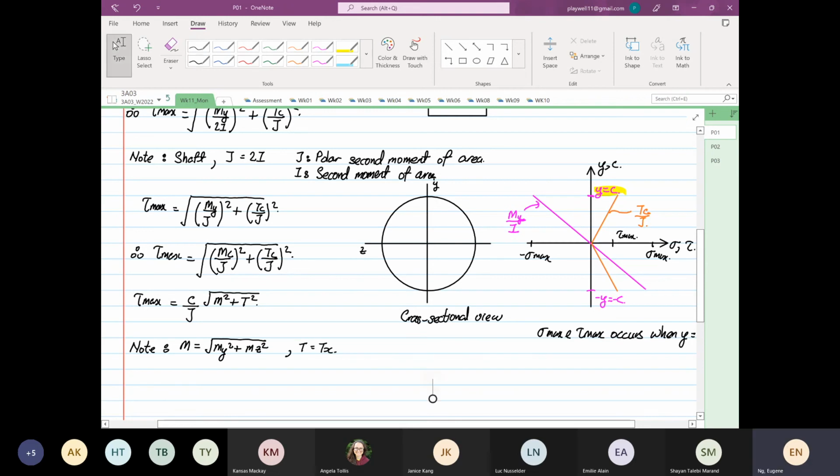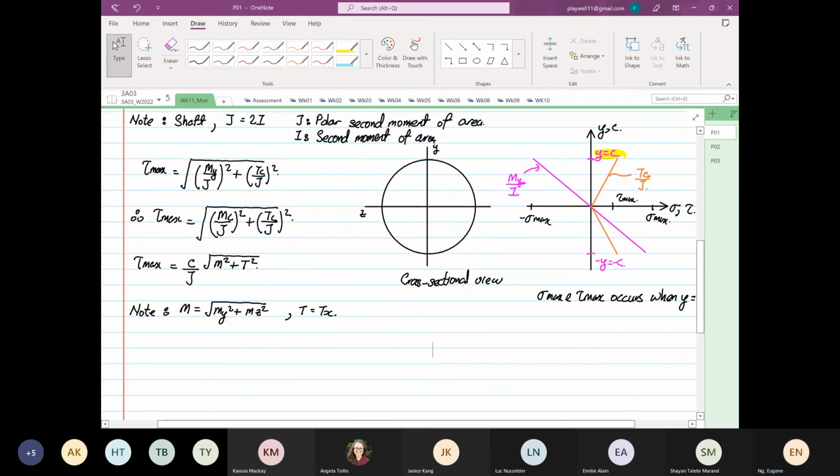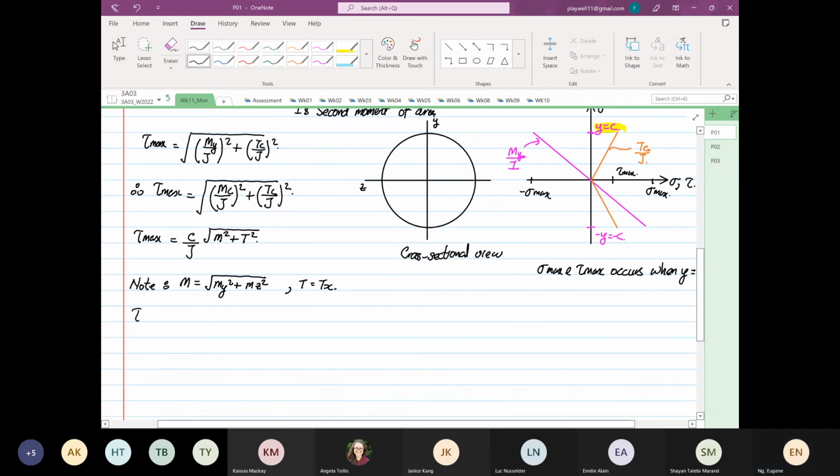So when I rewrite the above equation, tau max is equal to c over J square root of My squared plus Mz squared plus Tx squared.